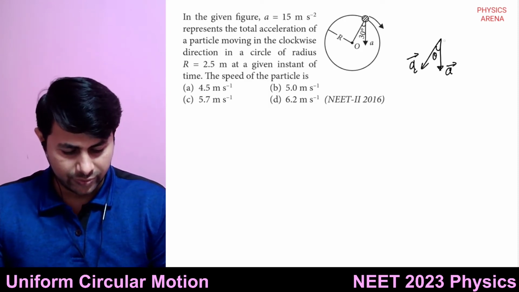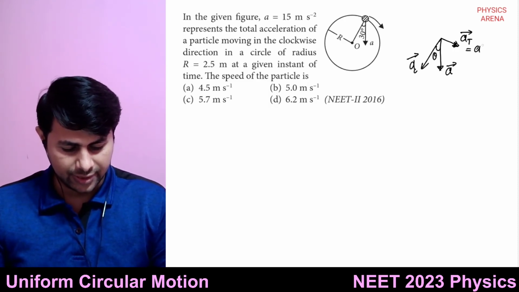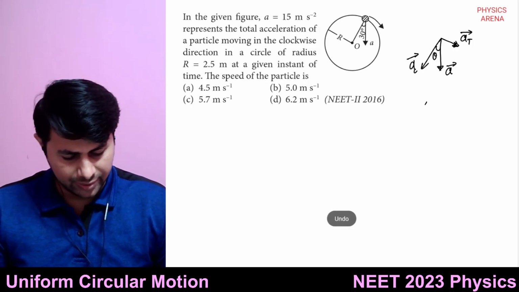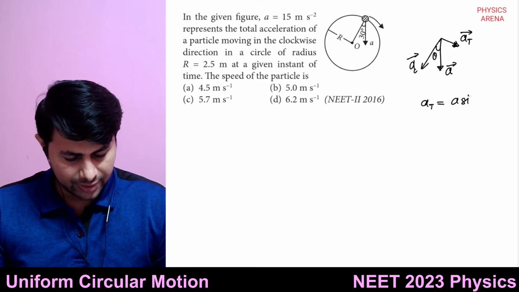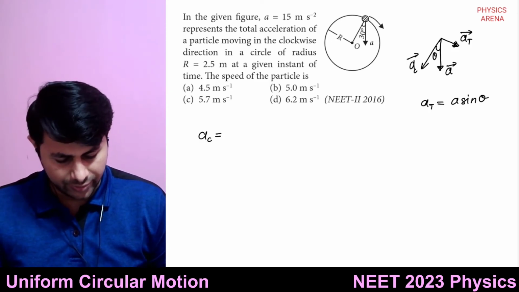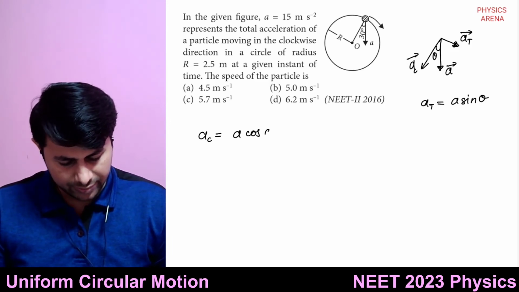We are just resolving a bar in two perpendicular components. So the magnitude of AT is a sine theta, and the magnitude of AC, which we need now, is a cos theta.